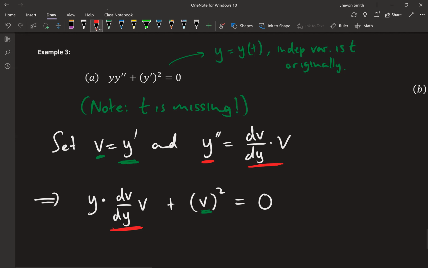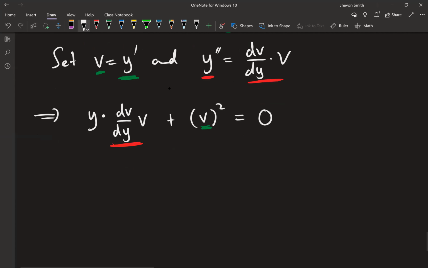So I simply replace them, I plug them in. Here I can divide through by v if you want. So I have y dv/dy plus v equals 0.